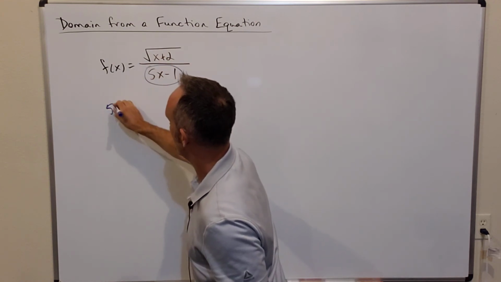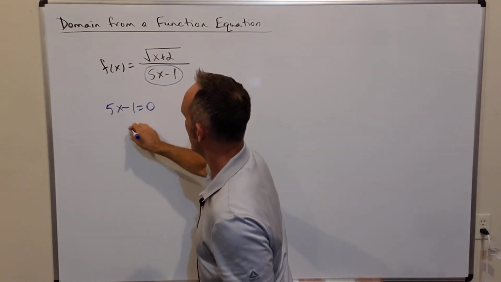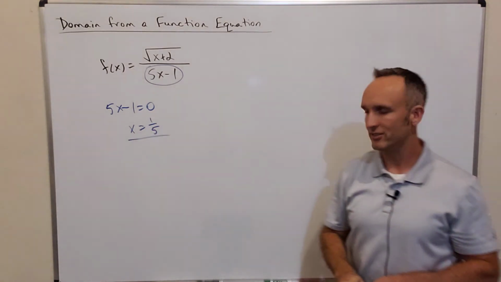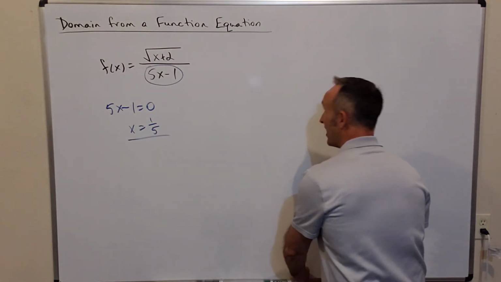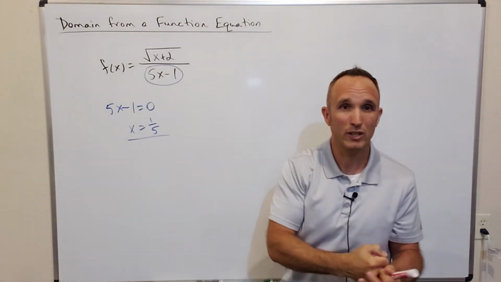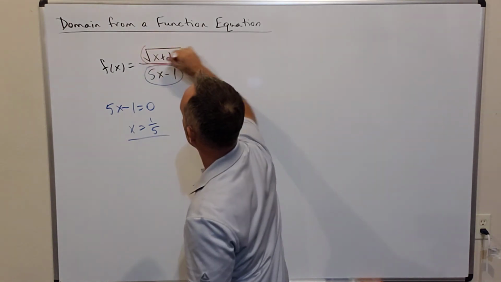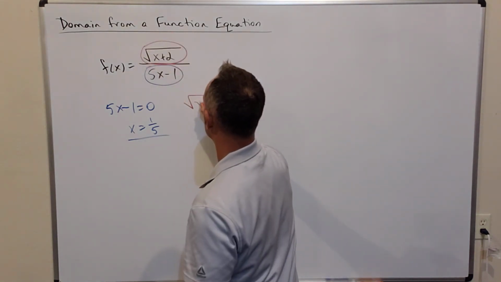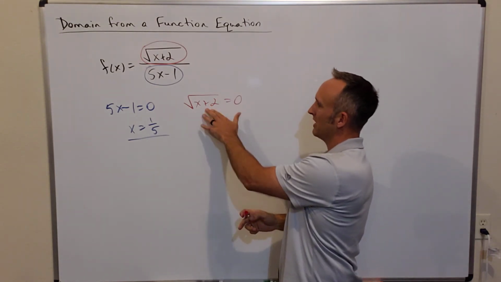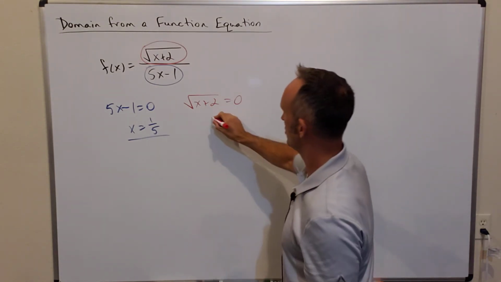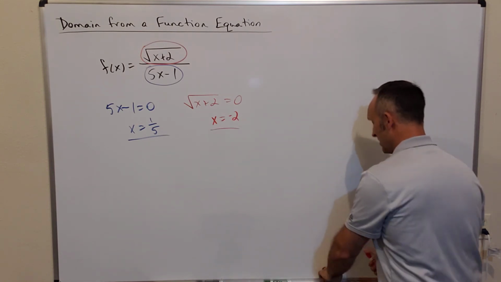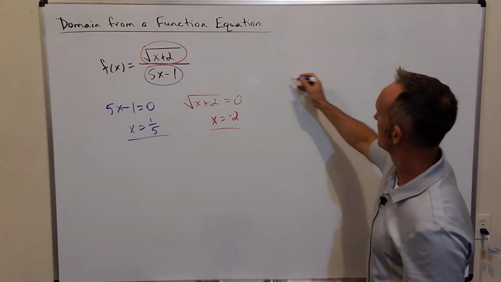So I set that equal to 0 and solve for x. So I know that 1/5 is a critical value. But I also have a square root. It's in the numerator, but because it's a square root, it's still a critical area. So I set that equal to 0 and solve. Again, square both sides to get rid of the square root and then subtract 2, and you get -2 as a critical value. So we have two critical values again.